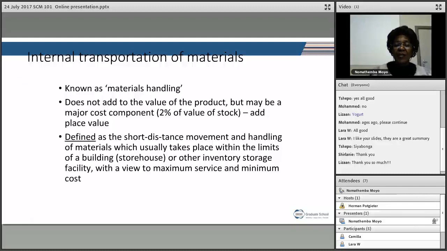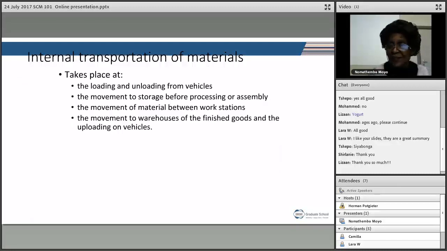Internal transportation of materials is defined as the short distance movement and handling of materials, which usually takes place within the limits of the building, which is the storehouse or other inventory storage facility, with a view to maximum service and minimum cost.